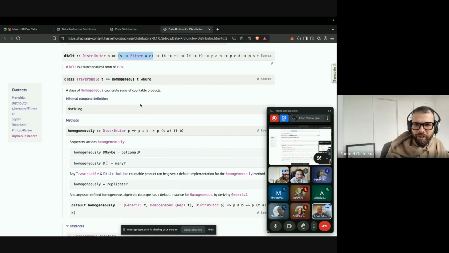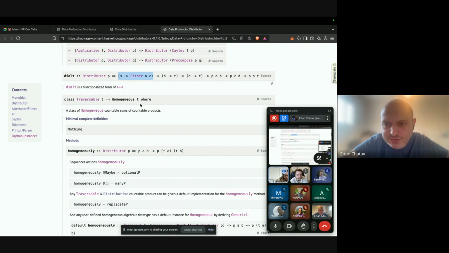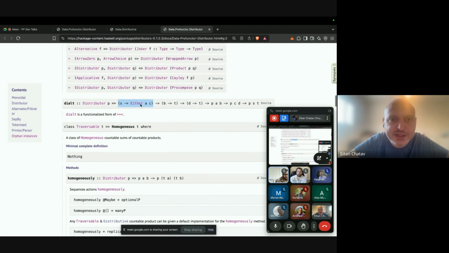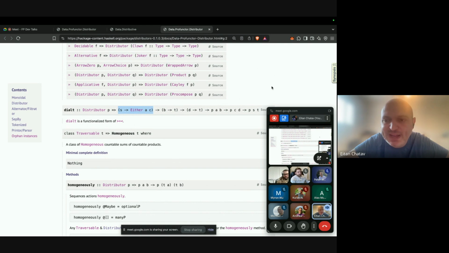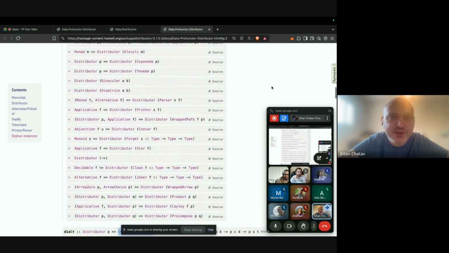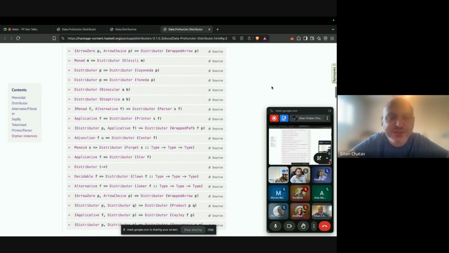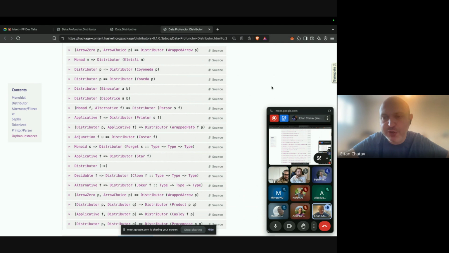Okay. Once again, ask for a concrete example of a distributor. The best concrete example is Arrow itself. Arrow is, in some sense, the prototypical distributor. And we don't need partiality anymore.